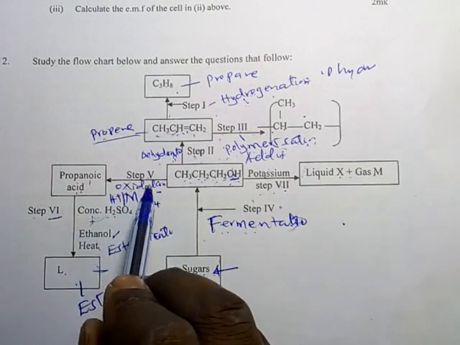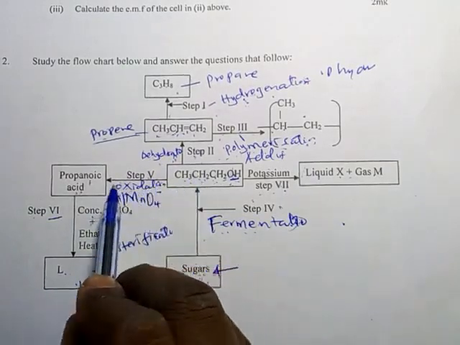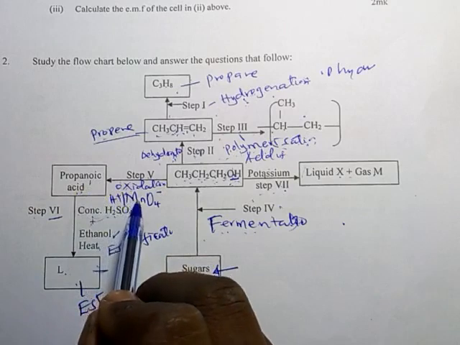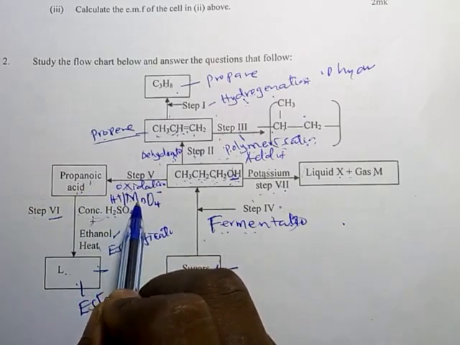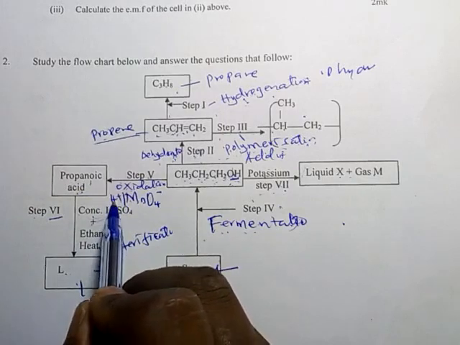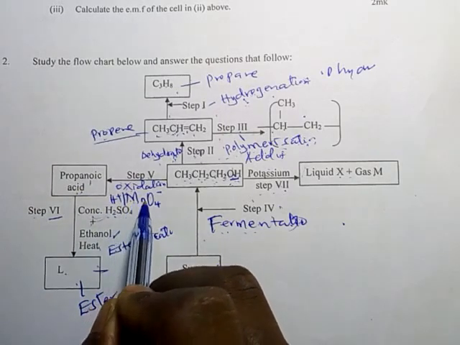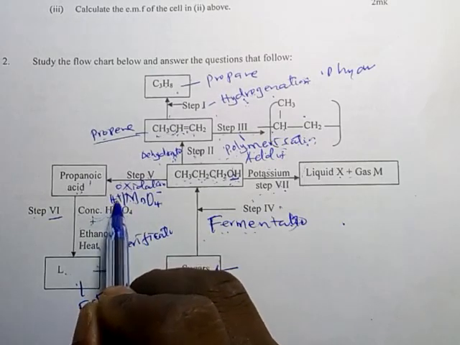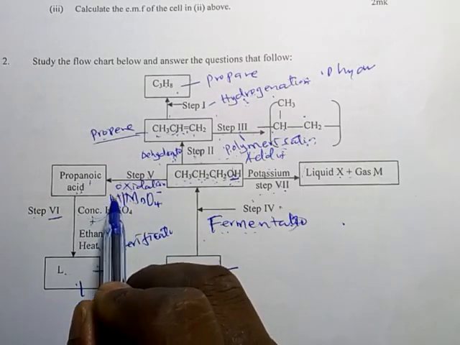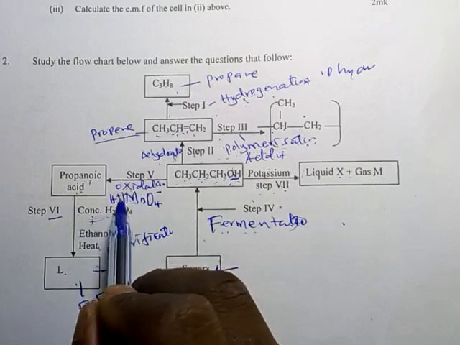Step 5, it is oxidation, and oxidation requires acidified potassium permanganate. Because it is acidified, we use sulfuric acid and potassium permanganate. So the reagent is potassium permanganate. The condition is that we need sulfuric acid because we need the permanganate to be acidified.